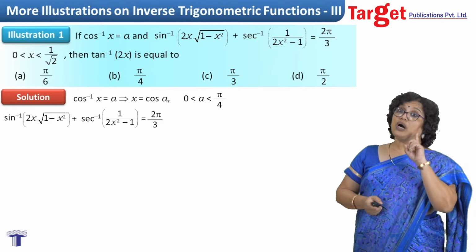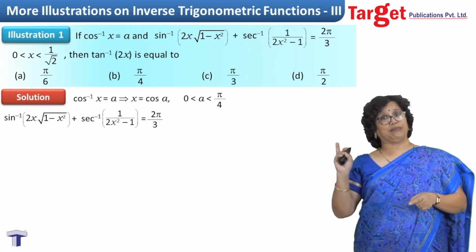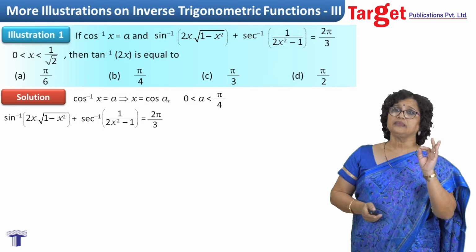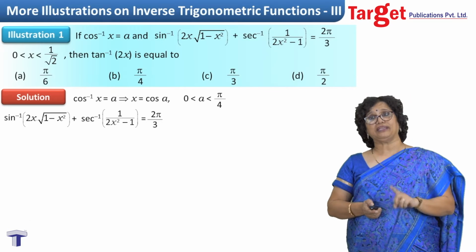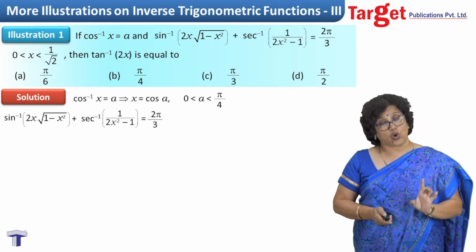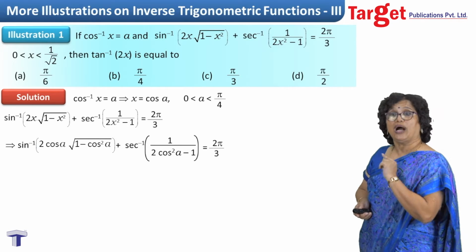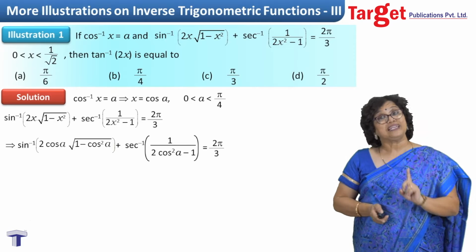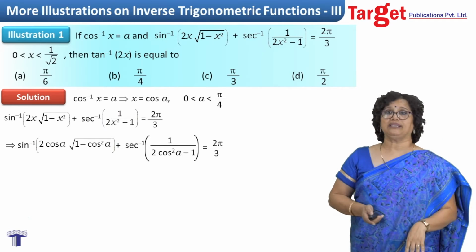Okay. Now, look at the equation given. It is sine inverse of 2x under root 1 minus x square plus sec inverse of 1 upon 2x square minus 1 equal to 2 pi by 3. Everywhere in place of x, I will be substituting cos a, and that would lead to sine inverse of 2 cos a into under root 1 minus cos square a plus sec inverse of 1 upon 2 cos square a minus 1 equal to 2 pi by 3.